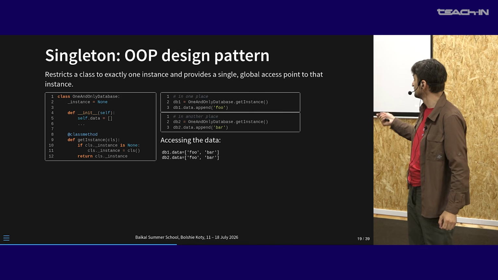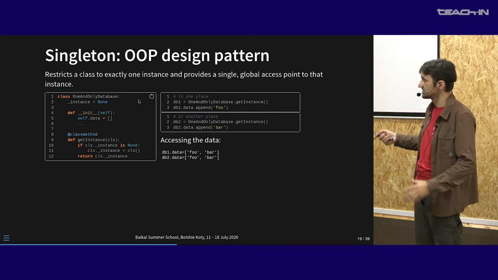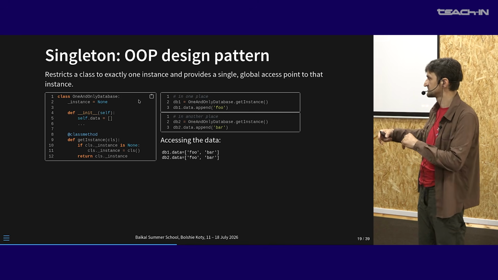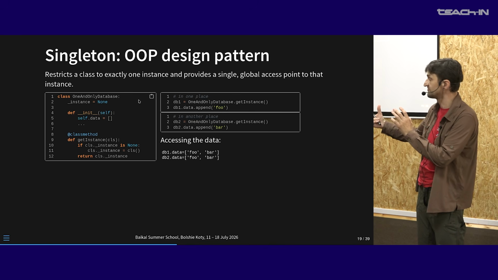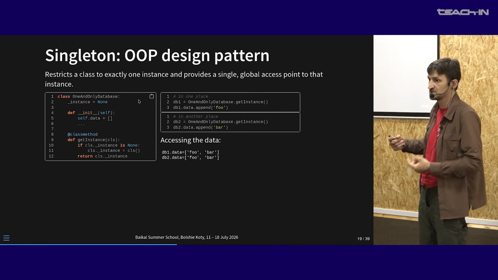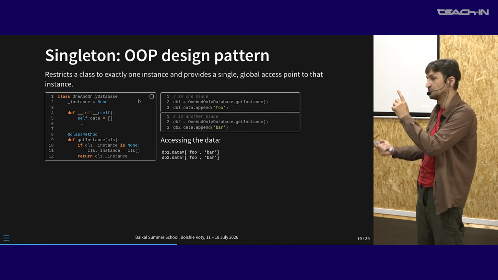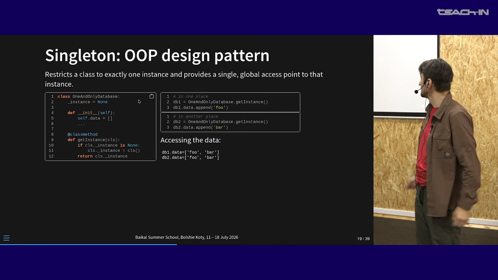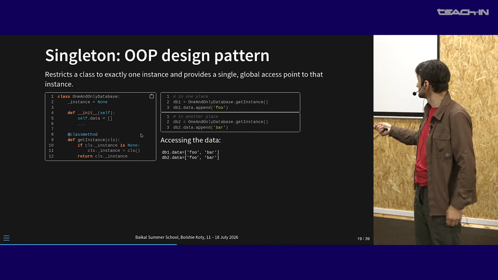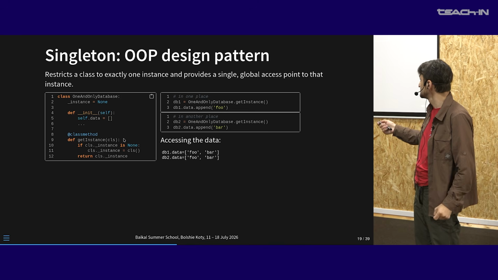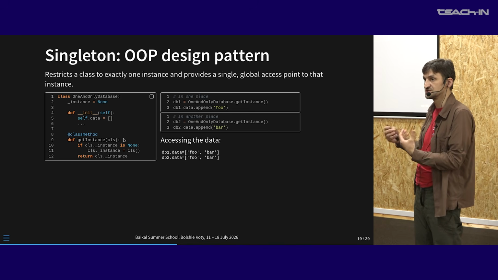For example, you need to have a database, and you cannot have two instances of it. It should be only one. It should always point to the one and only. So it's defined with this method getInstance, which always returns the instance of this class.